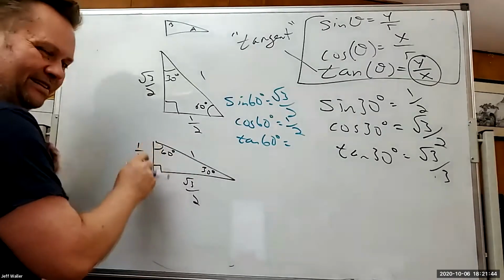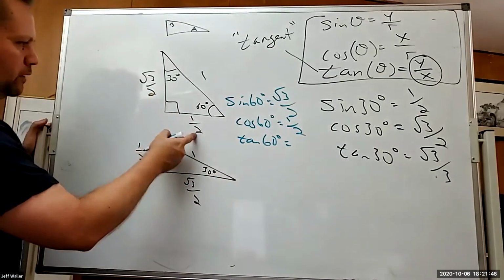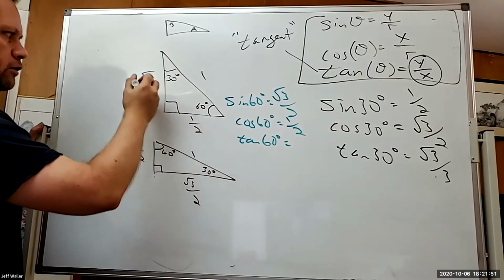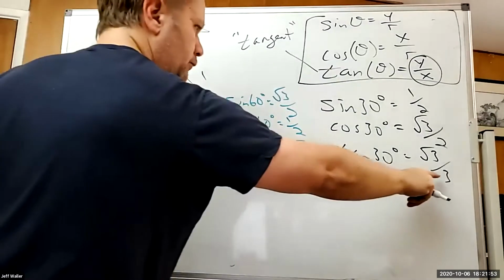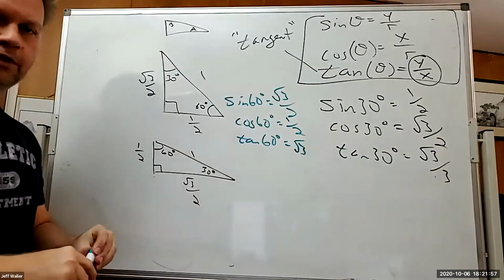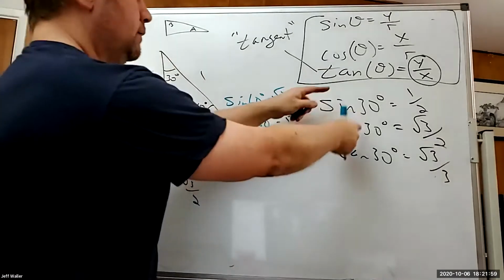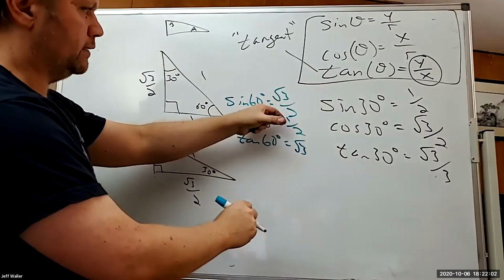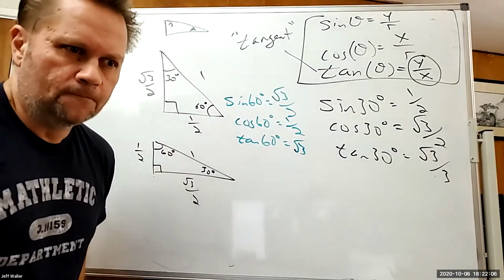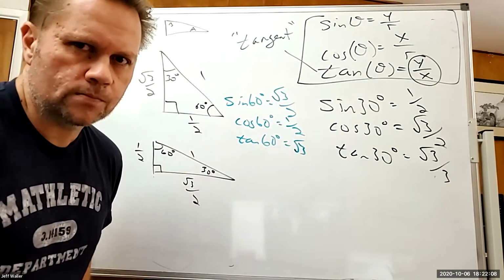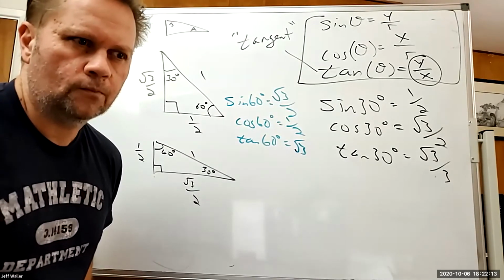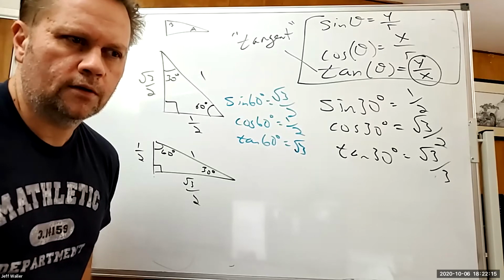Would it be rad 3? Yeah, rad 3. The over 2's would cancel. Remember, tangent is y divided by x. And that is the reciprocal of this. If these switch places and tangent's y over x, then this will now be rad 3 over 1. That'll be what that is.